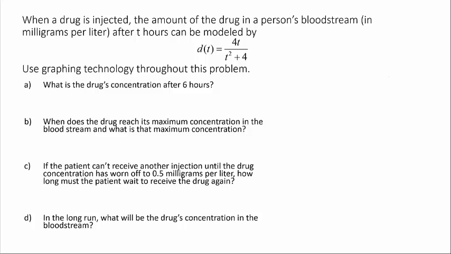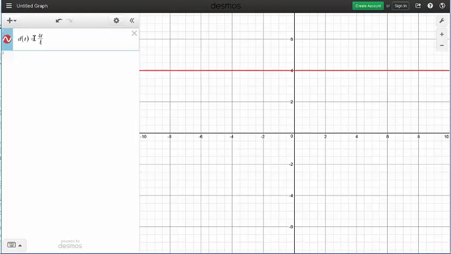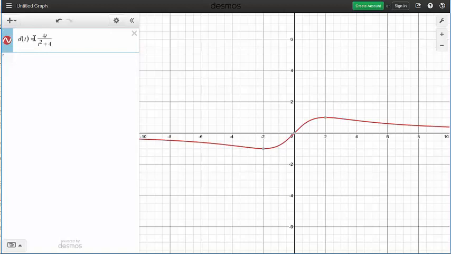Okay, so let's go to Desmos and graph this. I'm going to graph d of t equal to 4t divided by t squared plus 4. That's the function that was given to us, right?